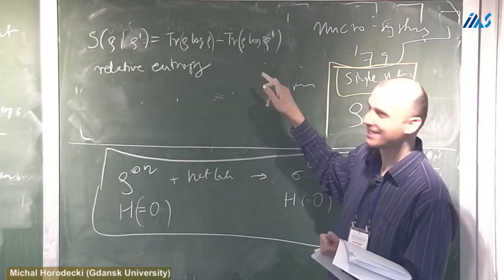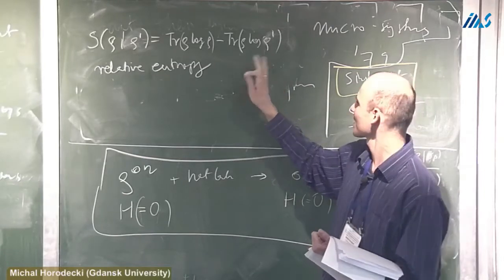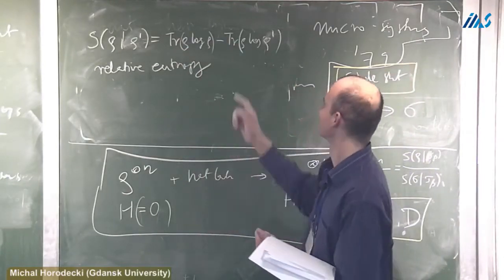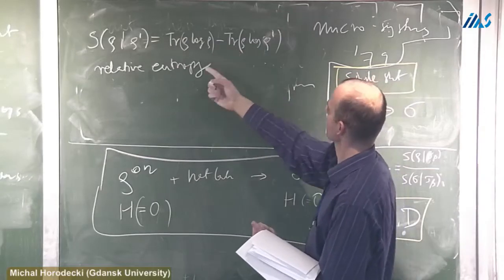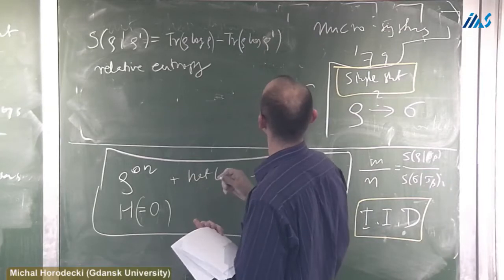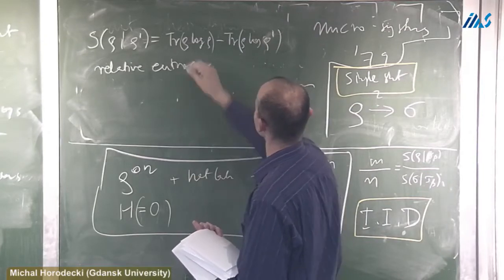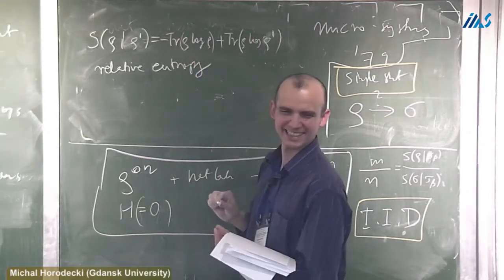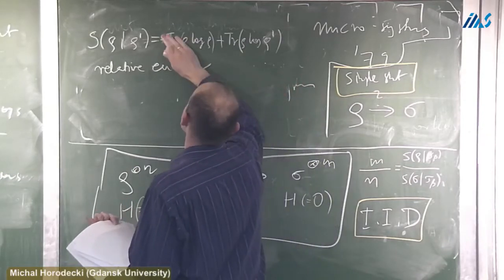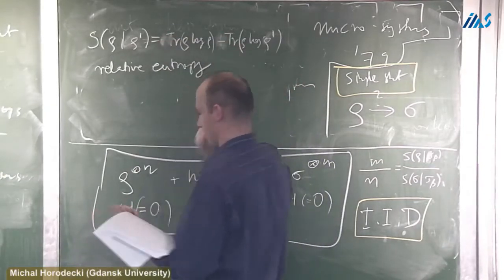Sorry, is that okay, or may I be very wrong here? Trace rho log sigma, yeah, I think it's okay. I think it's this way.